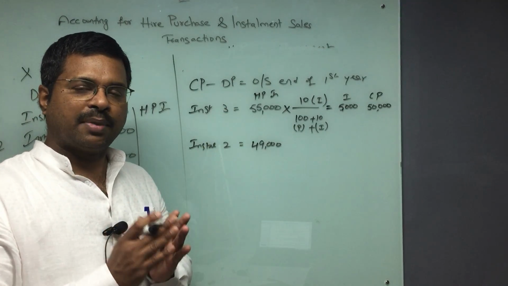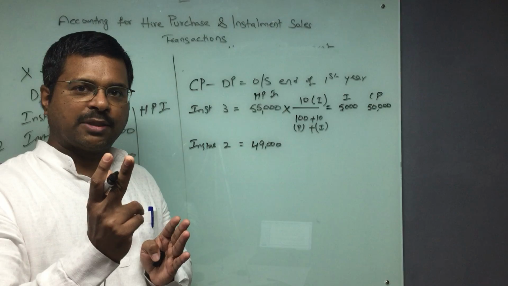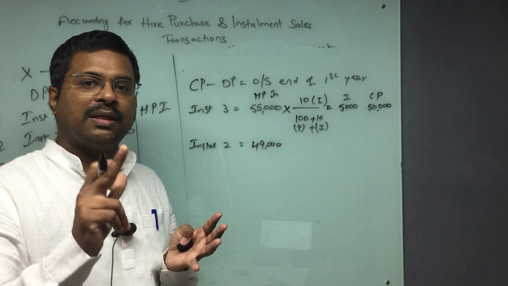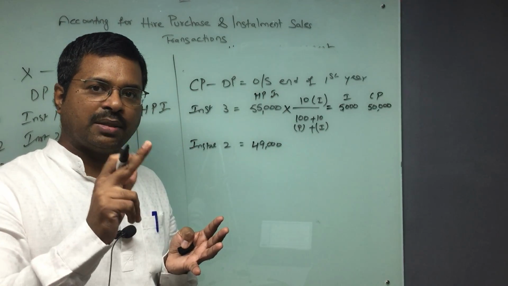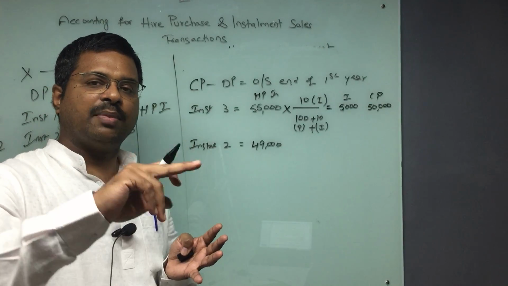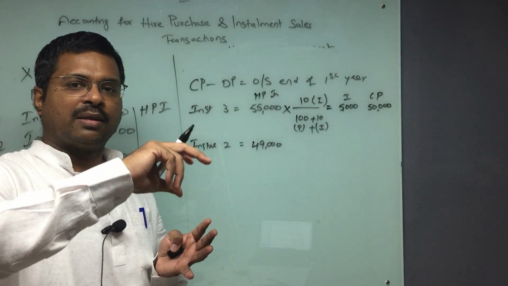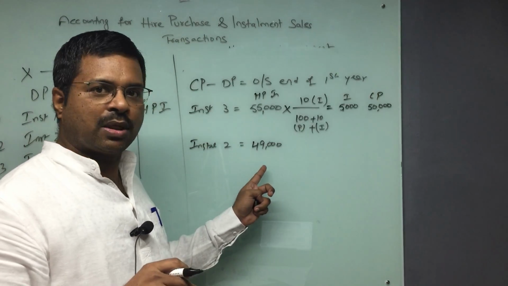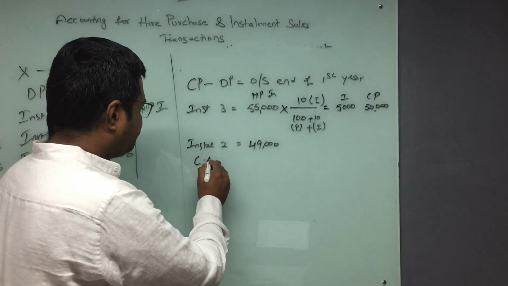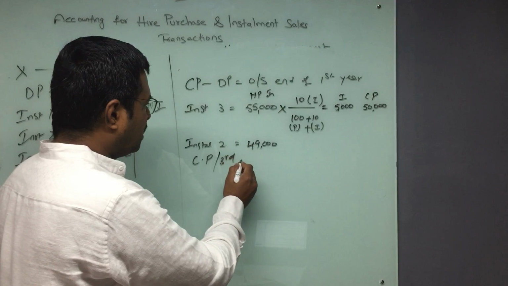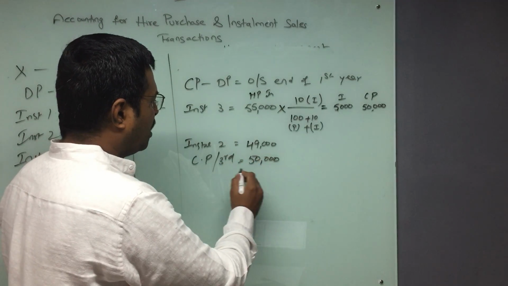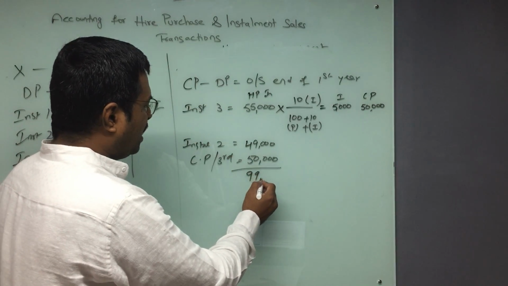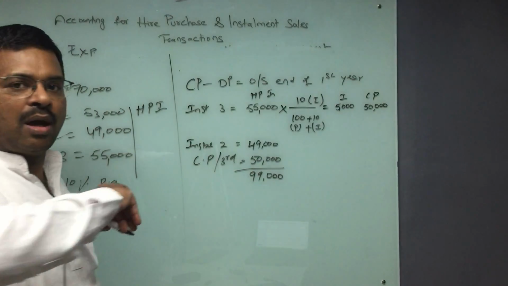Now I have two cash prices, installment 2 cash price and installment 3 cash price, plus interest on both for 1 year, because in the third year I will be paying the outstanding balance at the beginning of the third year. So installment 2, 49,000, plus the cash price of the third installment, 50,000, total at the beginning of the second year, 99,000 is the outstanding.